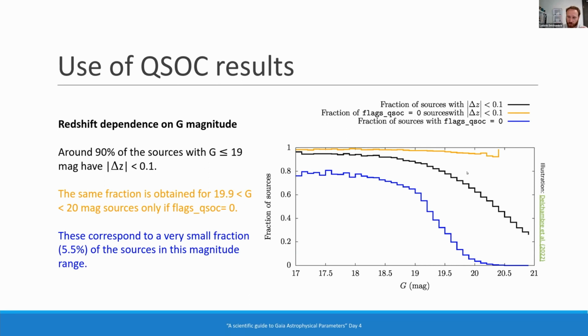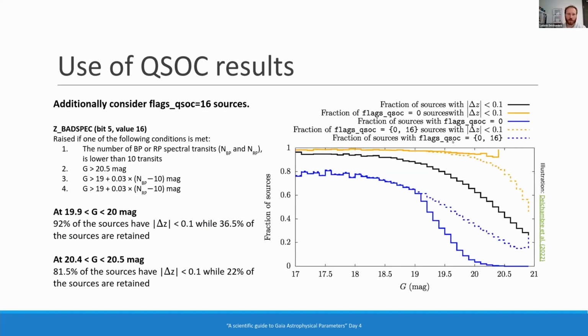Unfortunately, only 5% of these sources do not raise a warning flag because there is a lot of ambiguity and so on, also because the spectra are poor quality. So this is very low, actually. So instead of doing this sharp cut, we should consider also sources that have poor quality spectra.